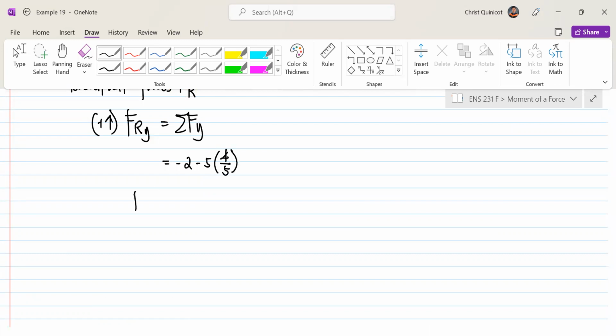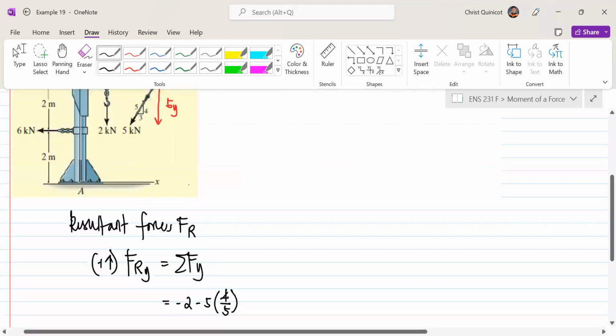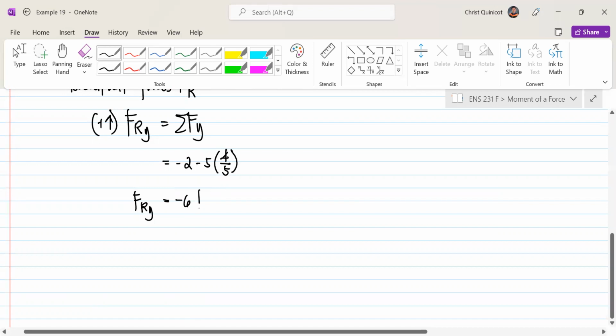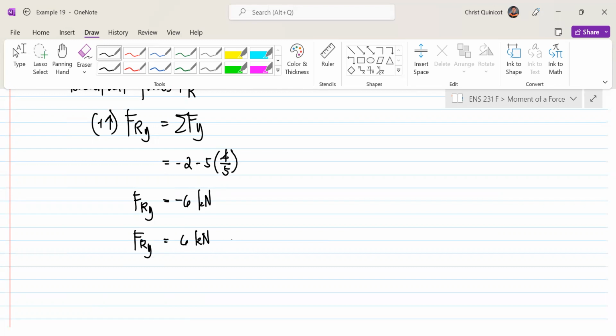So our F sub R y is negative 6 kilonewton. And then we write our answer following the true sense of our force, that is going down.